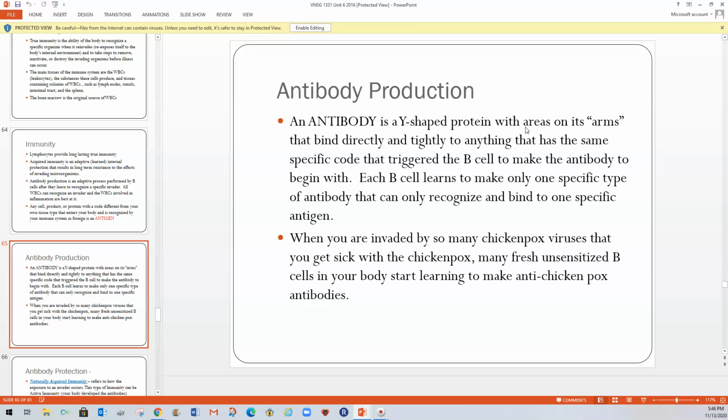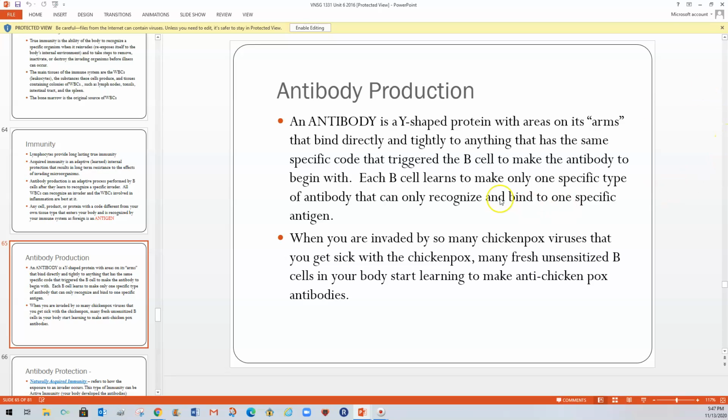So that B cell makes one type of antibody that recognizes and binds to the antigen. And again, that is why I love nursing. I find it absolutely fascinating what the body can do in something as small as one B cell. If you think about it, it's absolutely amazing.